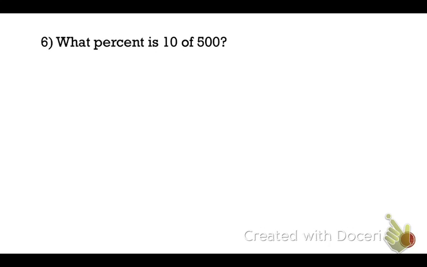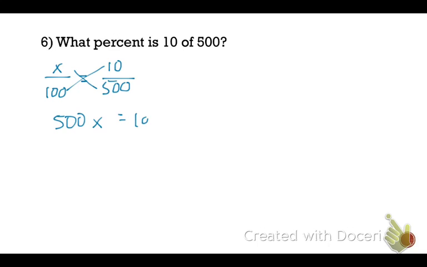So what is 10, or sorry, what percent is 10 of 500? So in this case, we don't know the percent, so we're going to put an x in for that. And then is 10, so that's the part of 500, so that's our whole. Then we'll just cross multiply. So 500x equals 1,000.